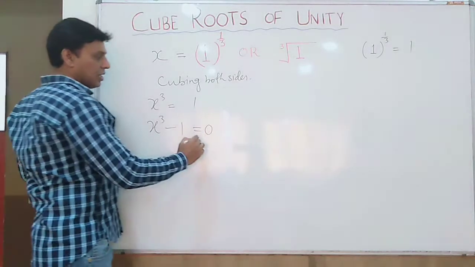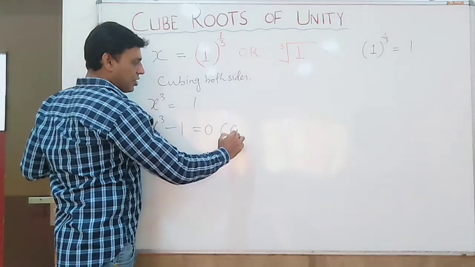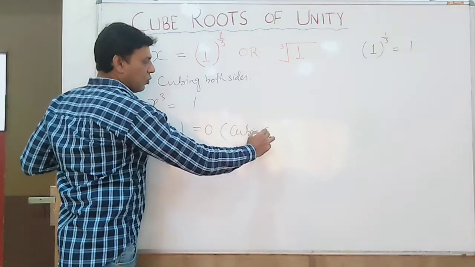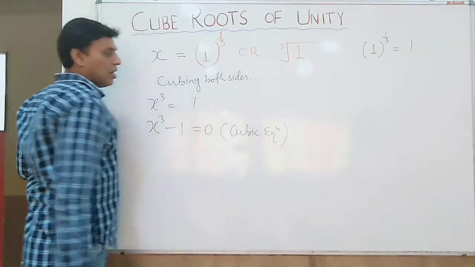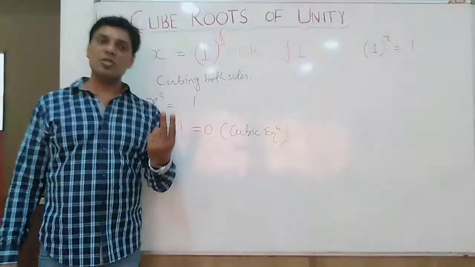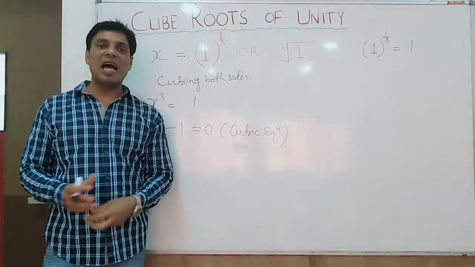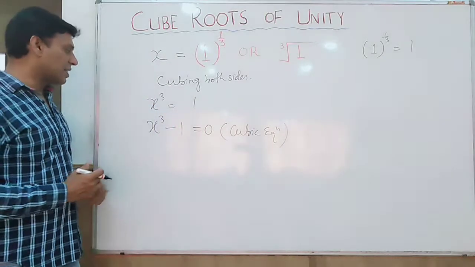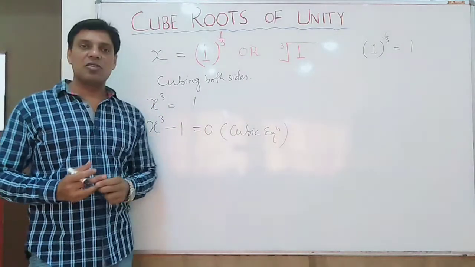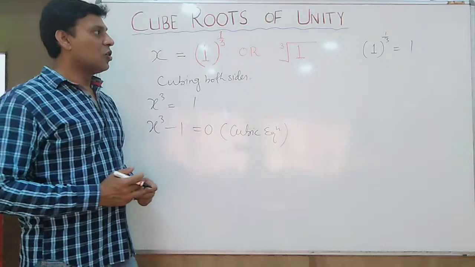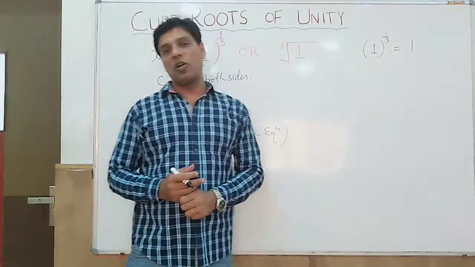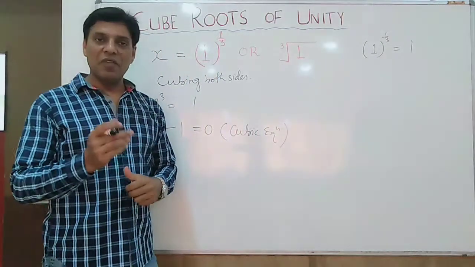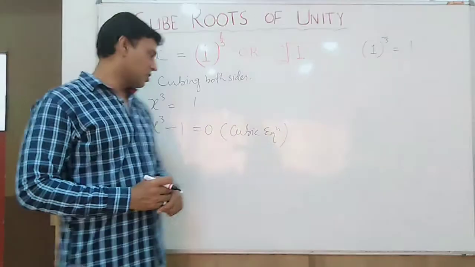Now see, this is a cubic equation. Like a quadratic equation has 2 roots, similarly a cubic equation will have 3 roots. That is, the solutions of this equation will be 3. You were telling me only one solution, which is real. Now we will find the other 2 solutions.